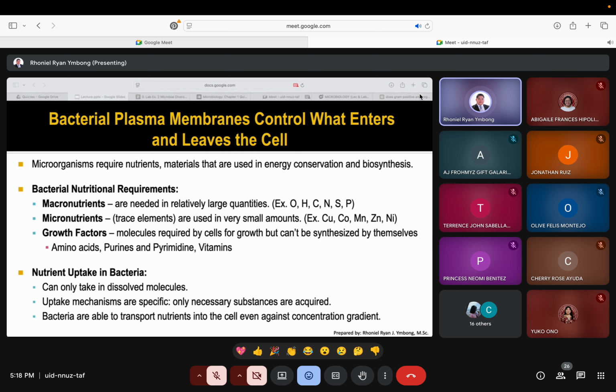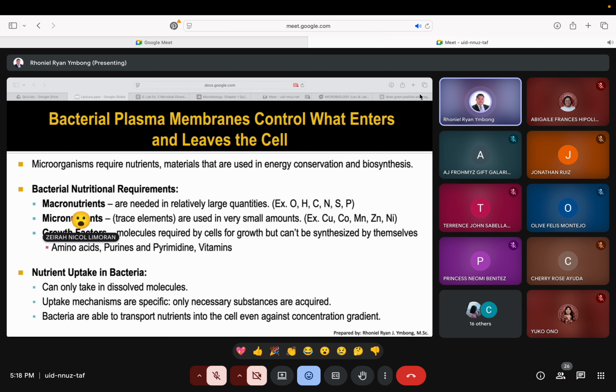That is why if you have moist nga mga foods, daghang tubig, mas maka-acquire man gud og nutrients sa inyong bacteria in these types of environments, and therefore their growth and development would also be quite exponential. No? So mas paspas pud silang motubo. Therefore, mas paspas mas spoil ang food, no? So that's quite important to take note.